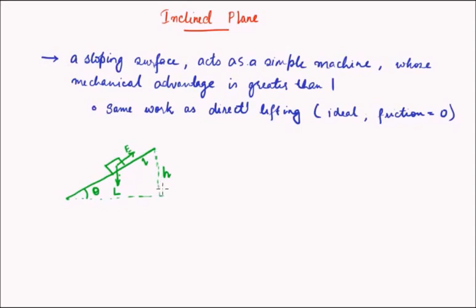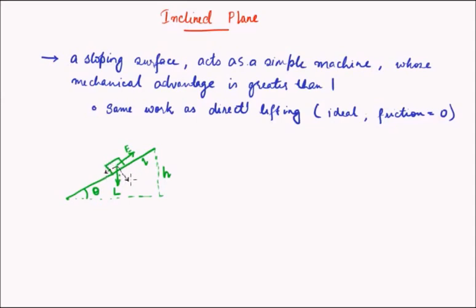Now, if we take the components of the load, if we break it into components along the plane and perpendicular to the plane, then it will be something like this. Perpendicular to the plane should be this, and along the plane should be this.